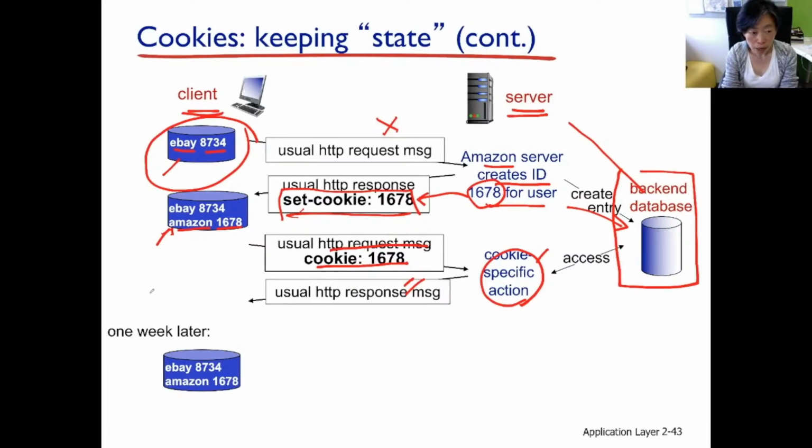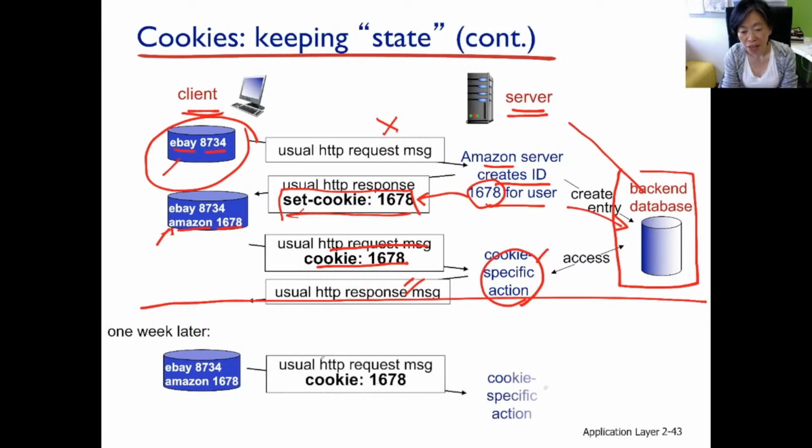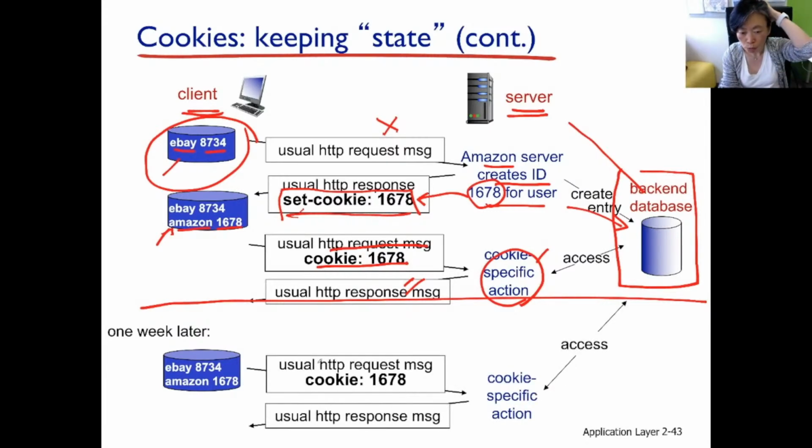So what's amazing there is one week later, when you come back and try to purchase something from Amazon again, the first request message you'll be sending will already be carrying the cookie entry. Once you have it set up locally on your cookie file, all the subsequent HTTP requests will by default carry the cookies.